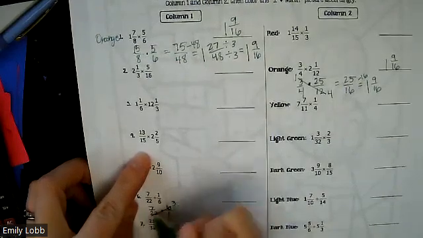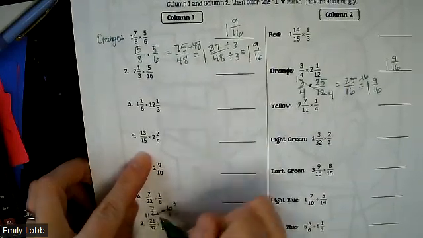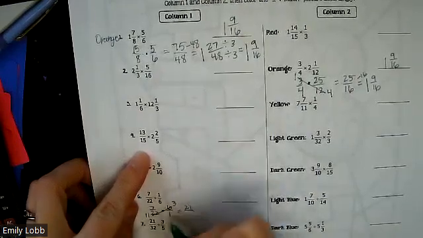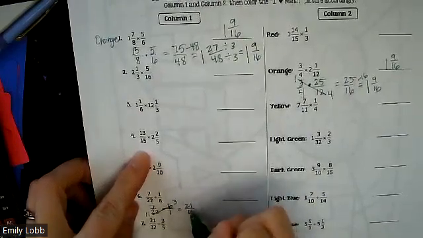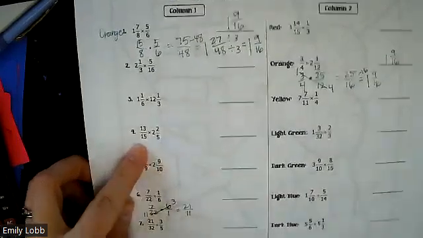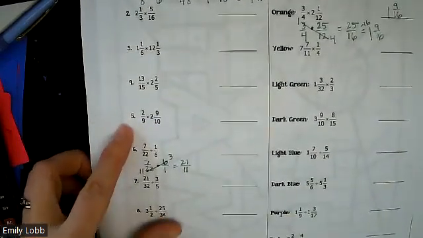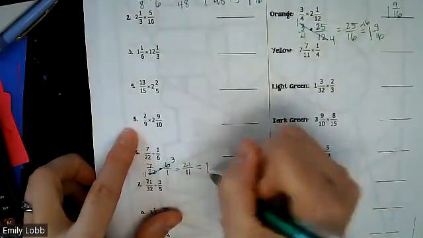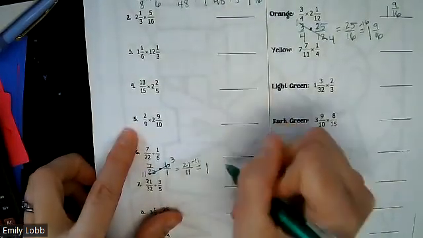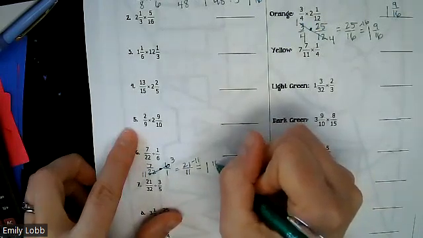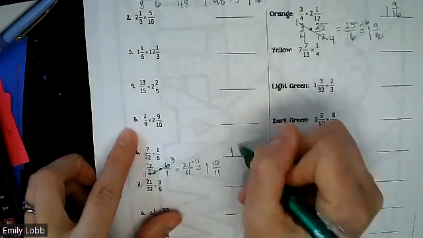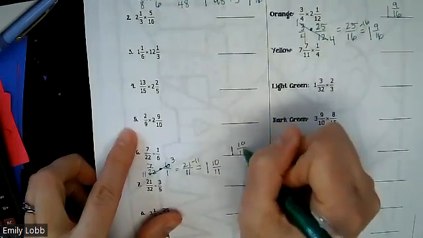Here is 3 times, here is 11 times. 7 times 3 is 21. 11 times 1 is 11. So if I take 1 whole out, that's 11. I'm left with 10/11ths. 1 and 10/11ths.